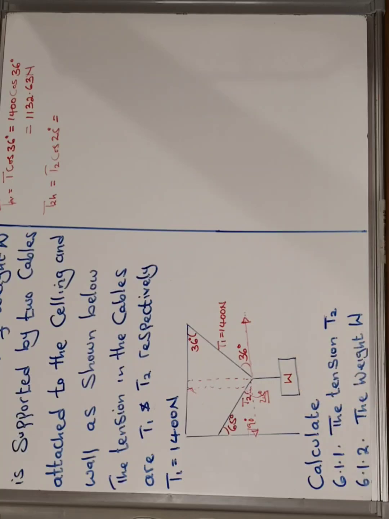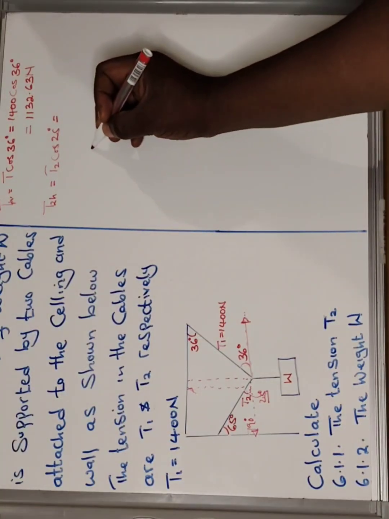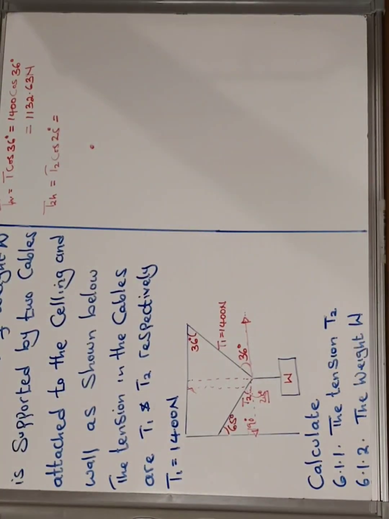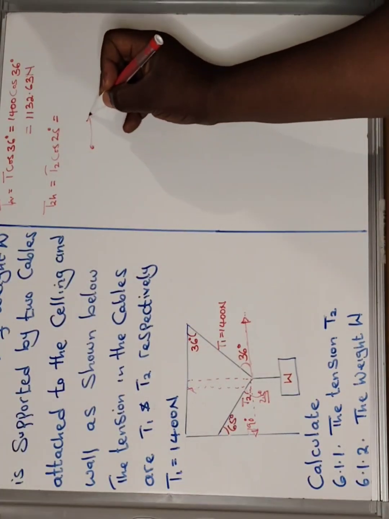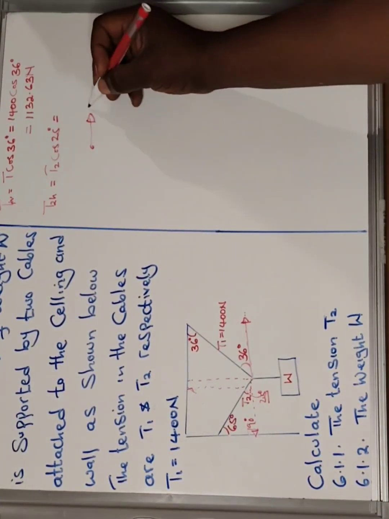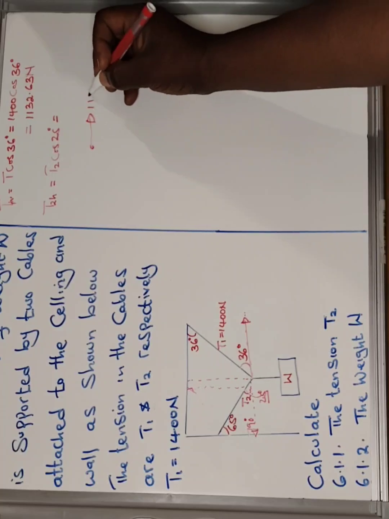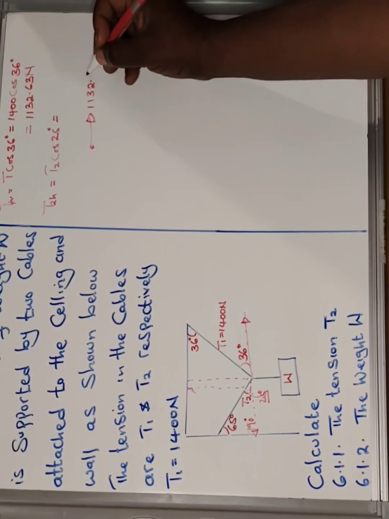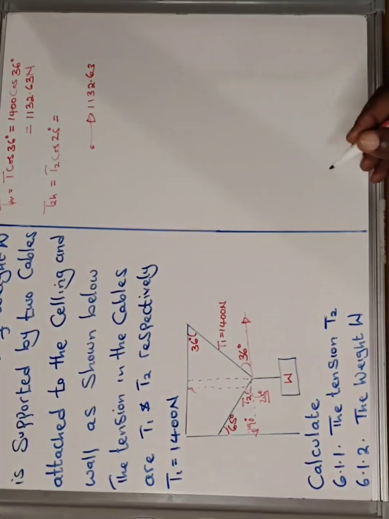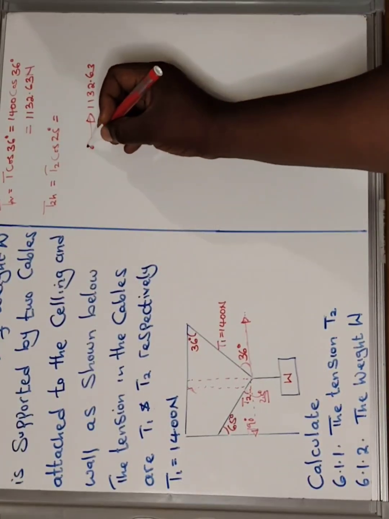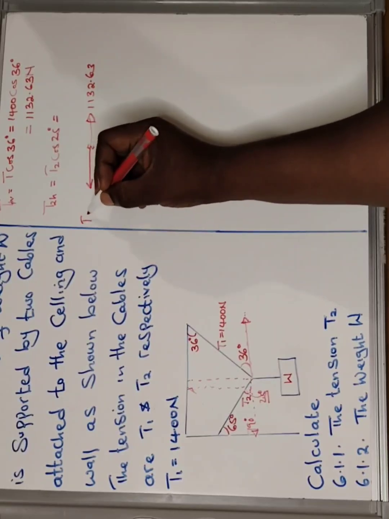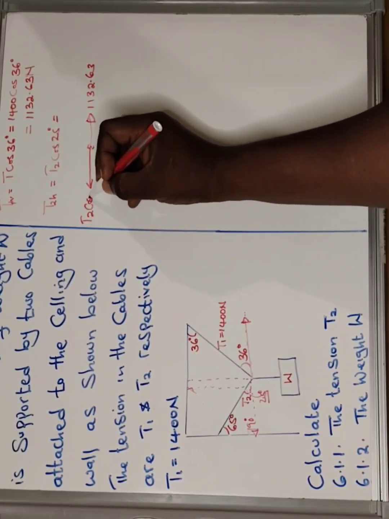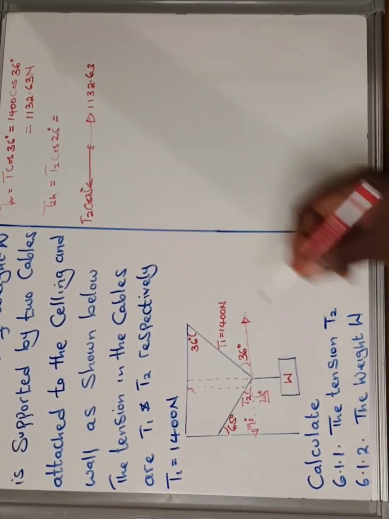So we know those. But now I want us to look at this point. What we observe at this point is that we have a force which is acting this side, and we know it is 1132.63. And we have another force which is acting this side, and it is T2 cos 25 degrees.